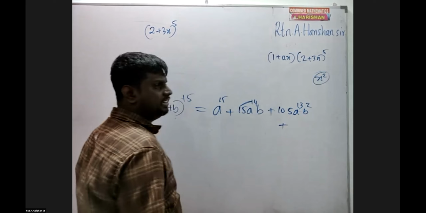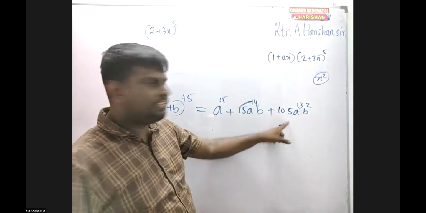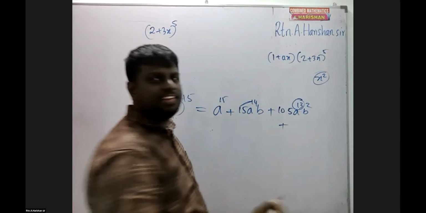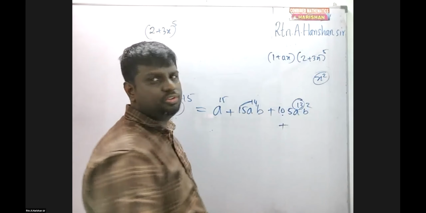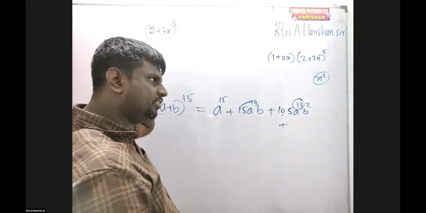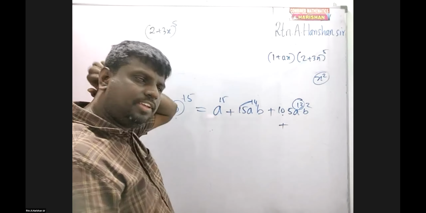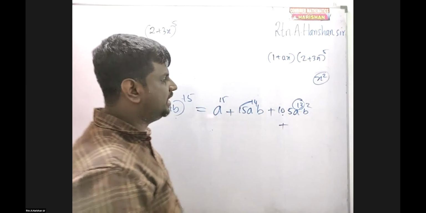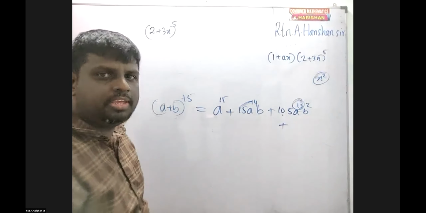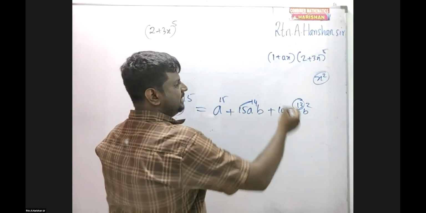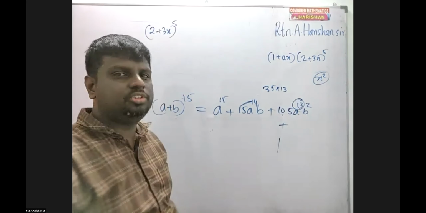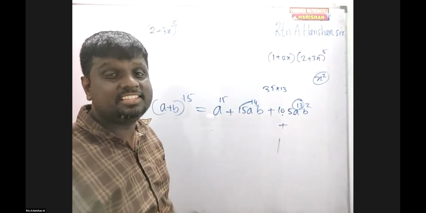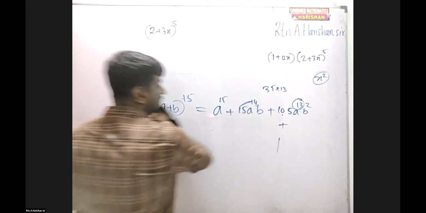What will be the next one? You multiply 105 into 13 and divide by 3. So 105 divided by 3 is 35, and 35 into 13. This is the easiest way to write the expansion. Got it?